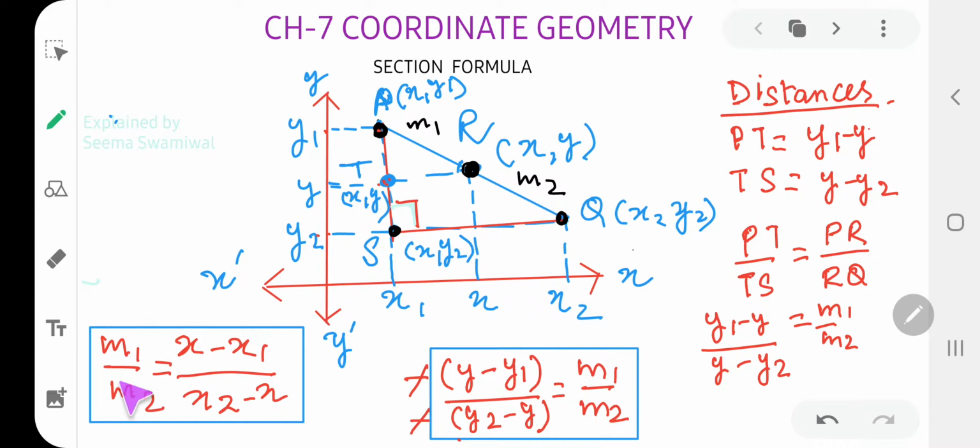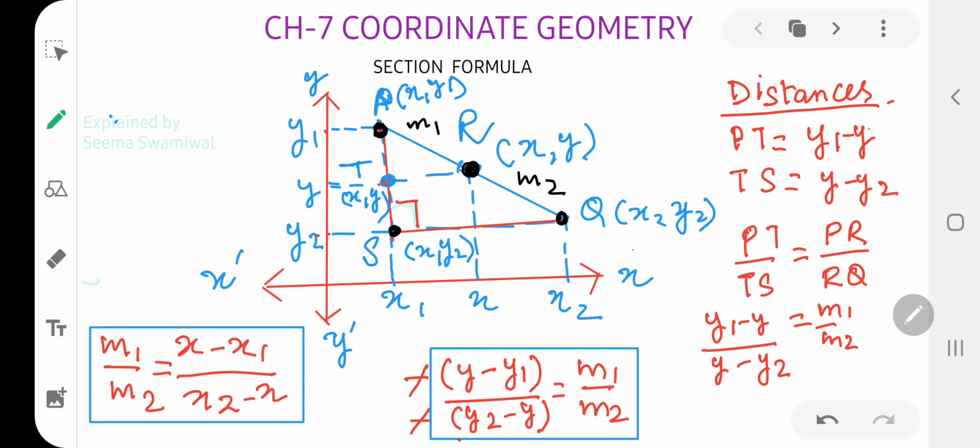Similarly, this ratio can be calculated by x coordinates, that is abscissas, also. I will not give you the detail as the derivation of the formula is not in the syllabus. So just remember this formula: m1 upon m2 is equal to, start with x, end with x, along with it we will write x1 and below it x2, and the sign in between is always minus when we are calculating the ratio.